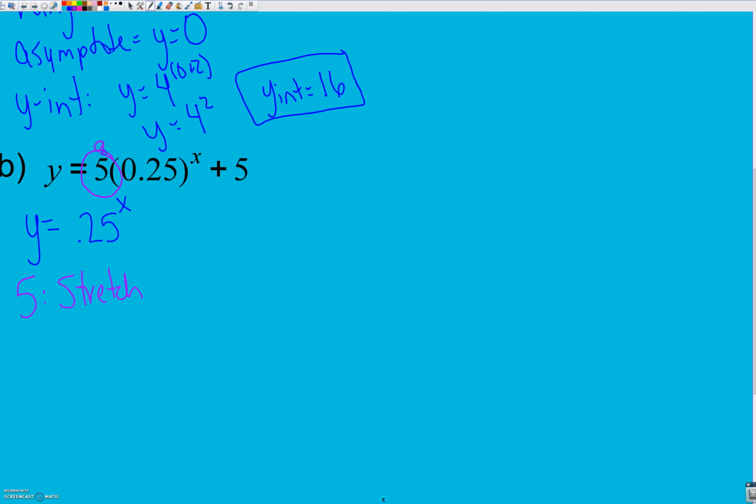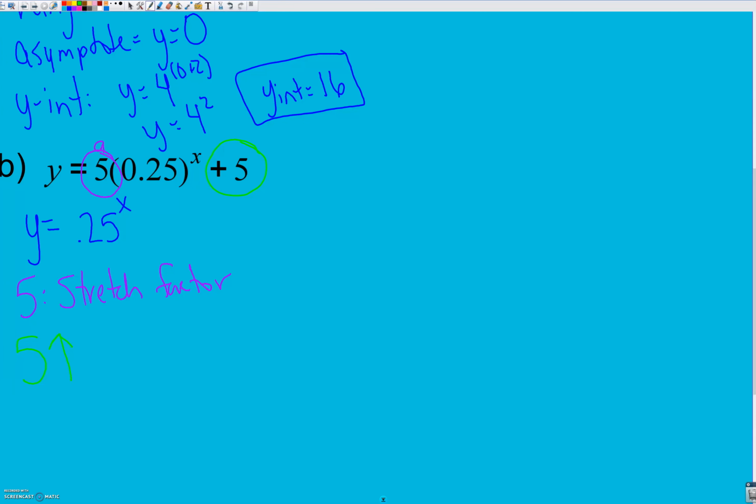It's our a value, so stretch factor. Our second 5 is added on to the end. So that 5 is going to move us up. Those are our transformations. So we stretched the original graph by a factor of 5 and translated it up 5 units.